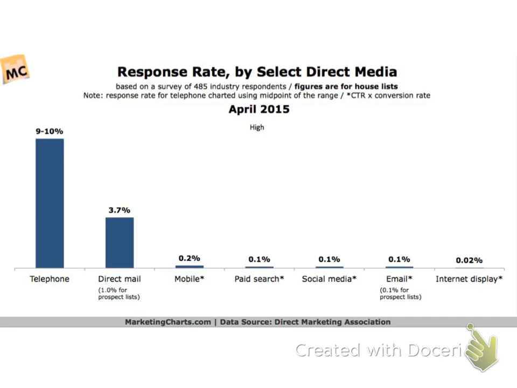If I had the choice, I want the best response rate that I can get. The more information I have about more people, the better I can use that information to make good decisions. In this particular one, we can see, for example, telephone calls have given a response rate between 9 to 10% as a rough guide.